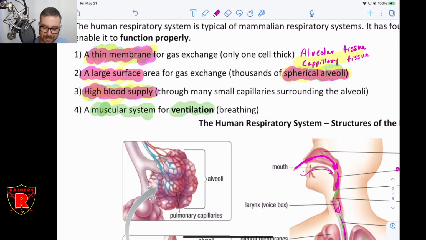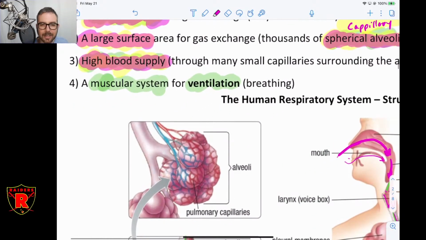And then lastly, you need to ventilate. Ventilate is simply bringing air into the lungs and removing old air out of the lungs. That's ventilation, and so you have to have some kind of system for it. In mammals, we have a muscular system for ventilation. Many ocean organisms simply do this passively by swimming, so as they swim, water is just passing over their gills.